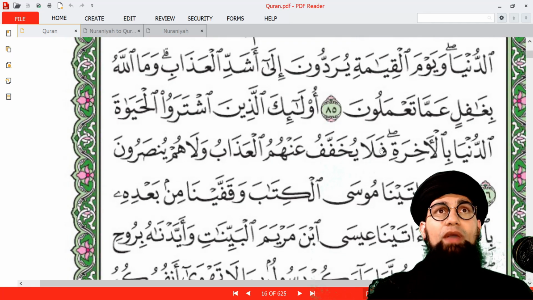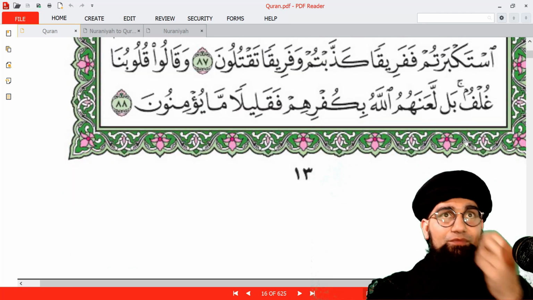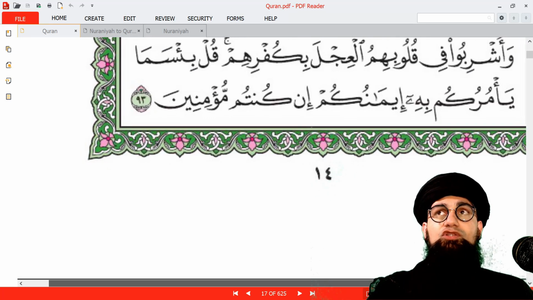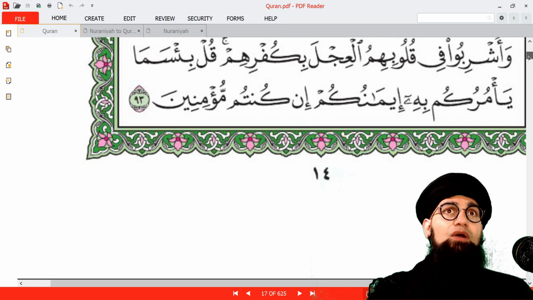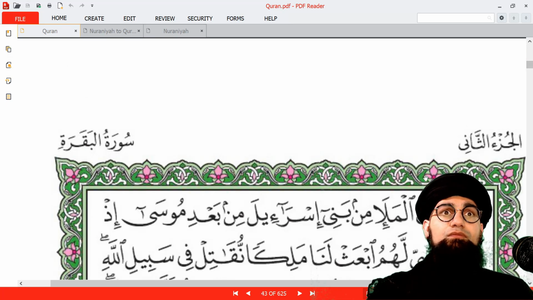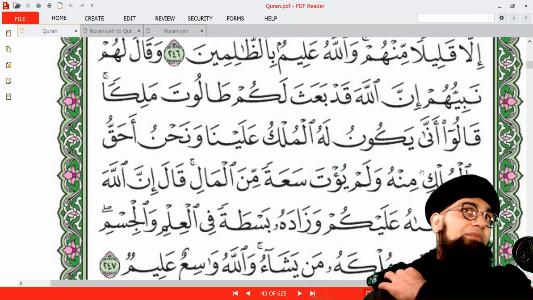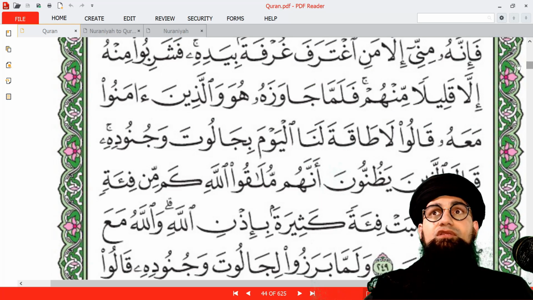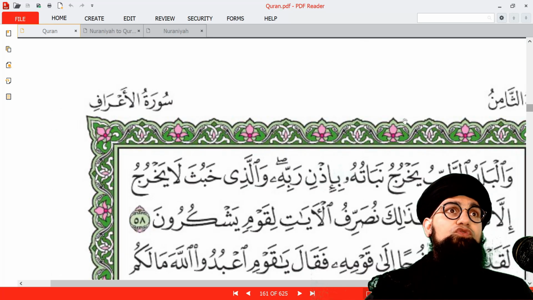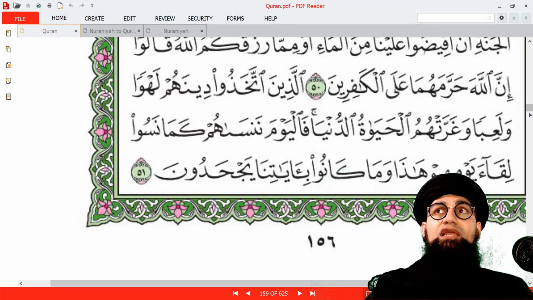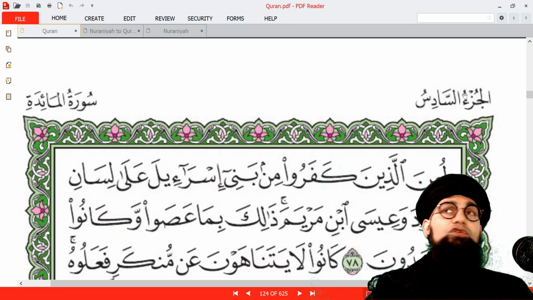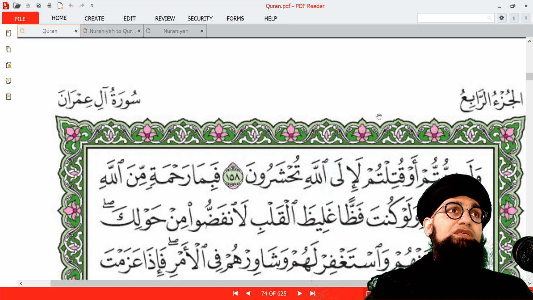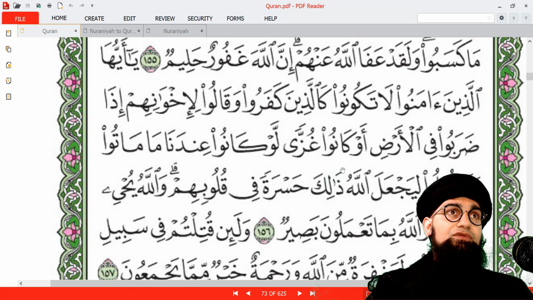Maybe you might go through pages after pages until you might see an example. Now I can just remember some of the examples that are very far from each other. This is still Surah Baqarah, but if you go into Surah Ali Imran, for example, you might see some of them here.